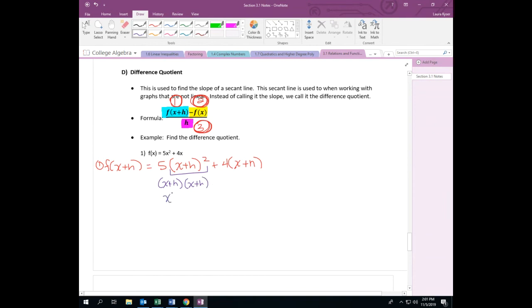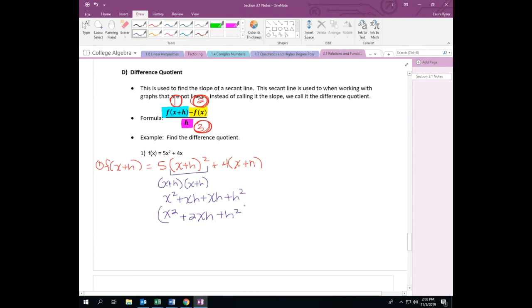And I get x squared plus xh plus xh plus h squared. Combine like terms. This is x squared plus 2xh plus h squared. That's just the FOILing part.